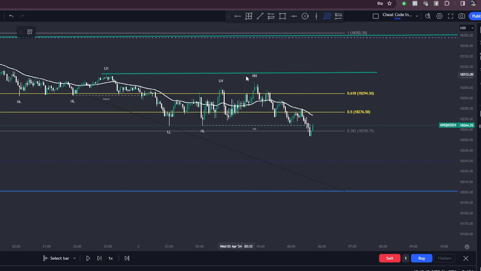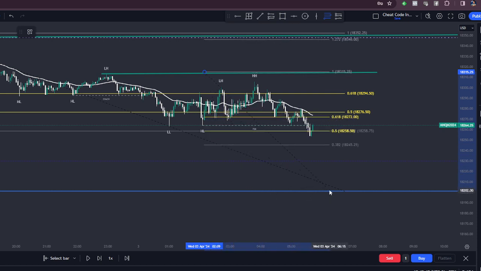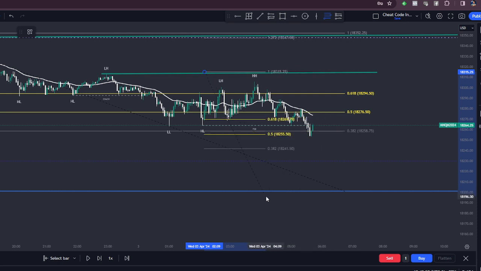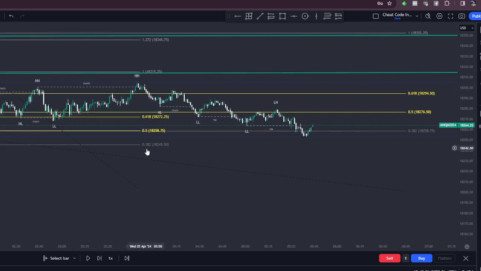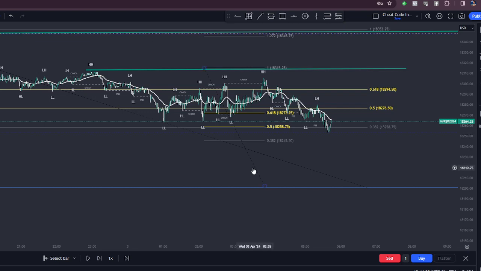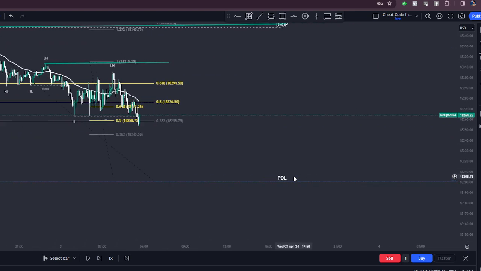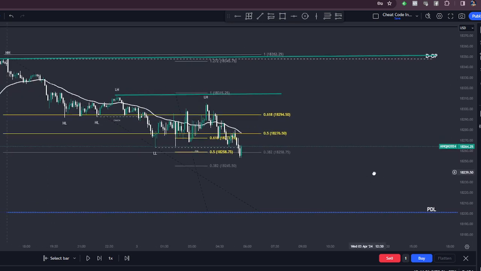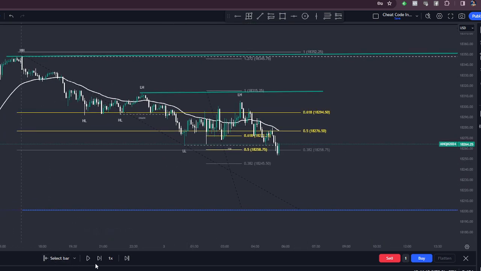That's the idea. So let me keep this like that. Let me make it closer so we can see it. This is M1. Not much. I'm going to go to M5 and just let it play. Because if we're going to buy this market, we want to buy it at the low.